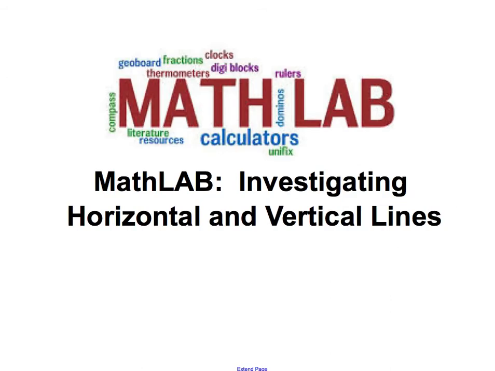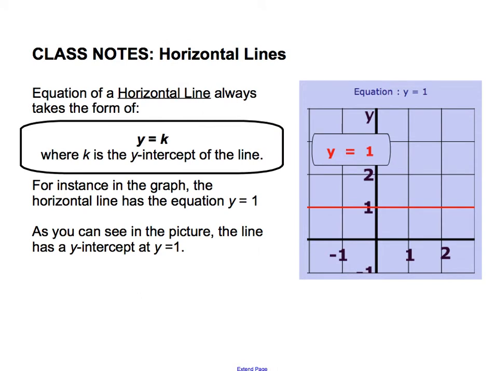So here we did a little bit of a math lab and I tried to have the students investigate and see if they can come up with their own interpretation of what the rule is. From there, I gave them the rule or the notes, and hopefully most students got on to the fact that an equation of a horizontal line always takes the form y = k. Here, this would be your dependent variable.